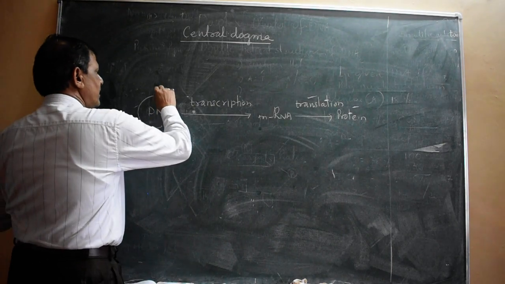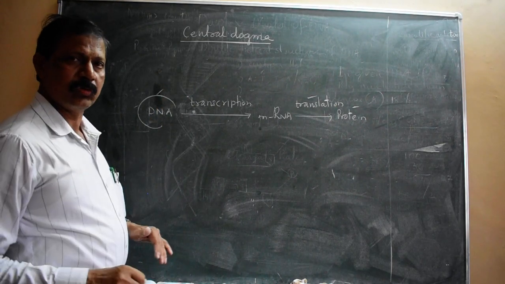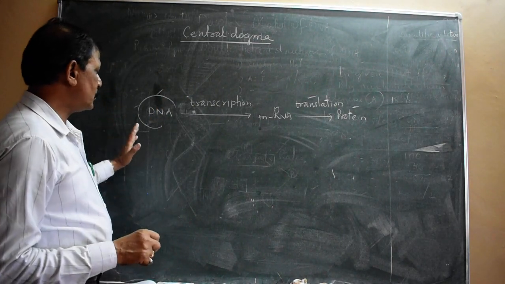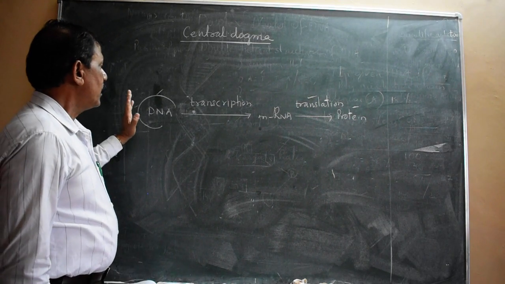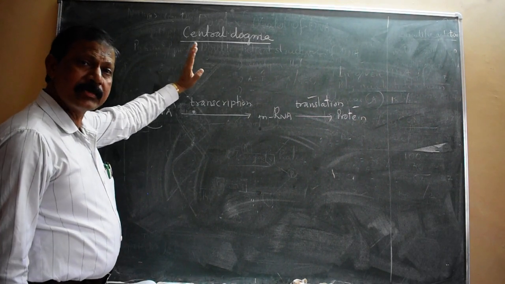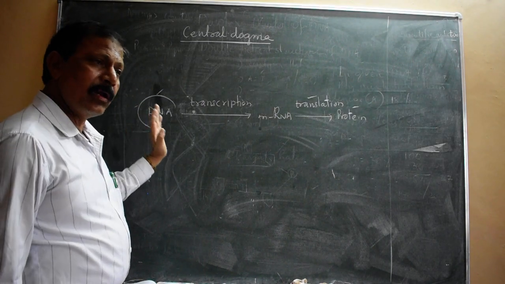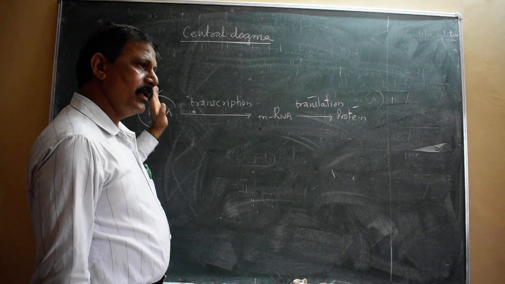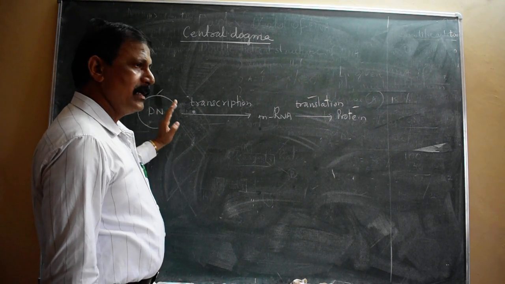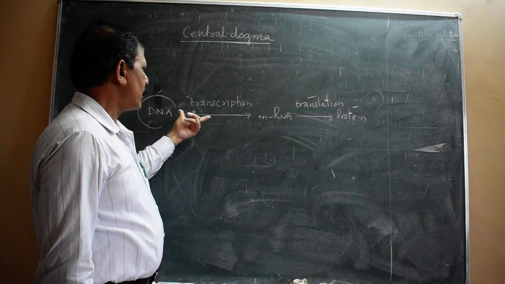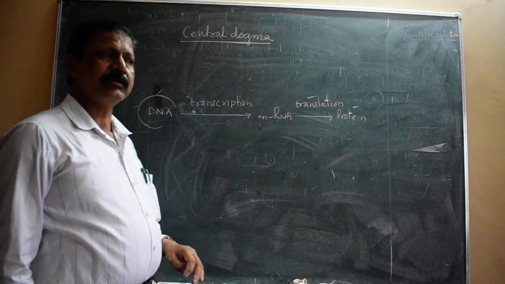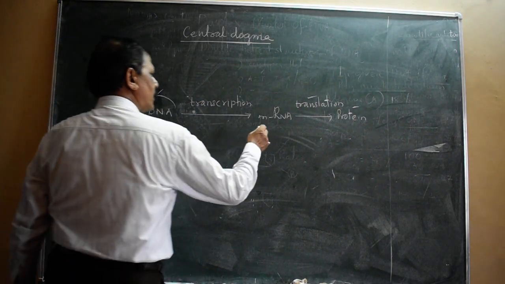So DNA acts as a master molecule, and this master molecule has the central dogma as its main role. In all cells, all living beings, plant, animal, and human being, DNA undergoes transcription, and this transcribed DNA is converted to RNA.